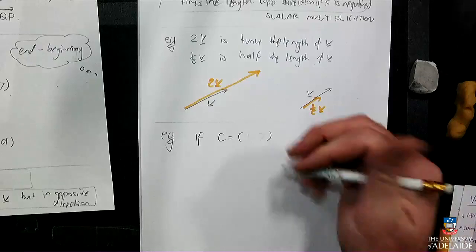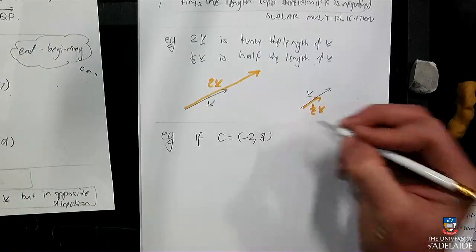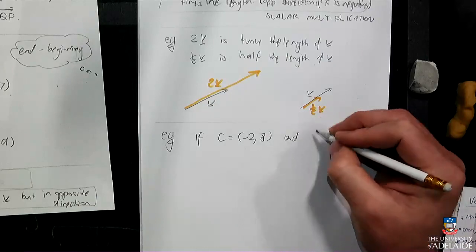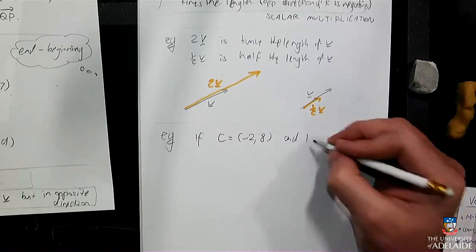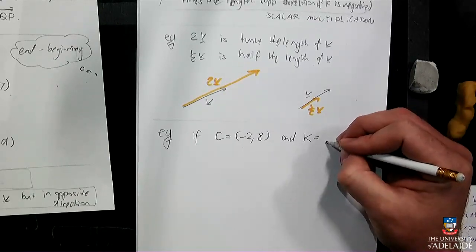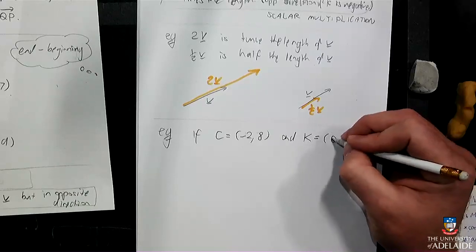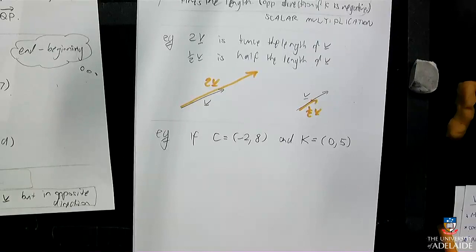Let's stick a negative number in there. Minus 2, 8. And well, it's traditional to use two letters that are next to each other, but I choose a different letter entirely. C and K. And K is 0, 5. I know I can use not whole numbers, but I just don't feel like it right now.